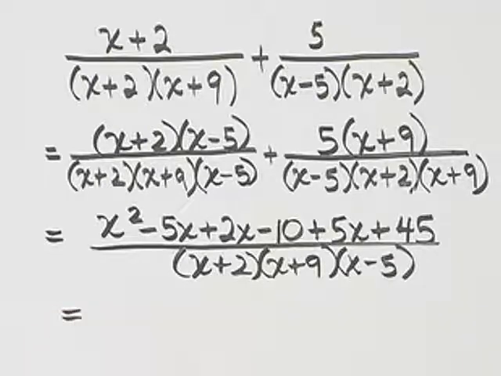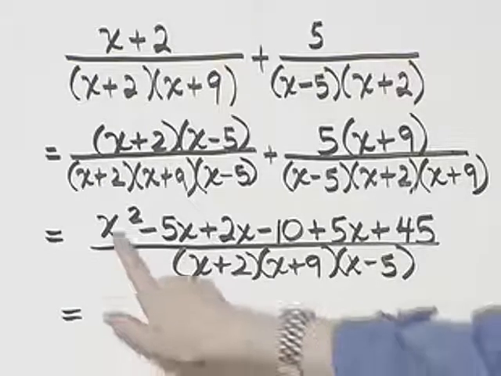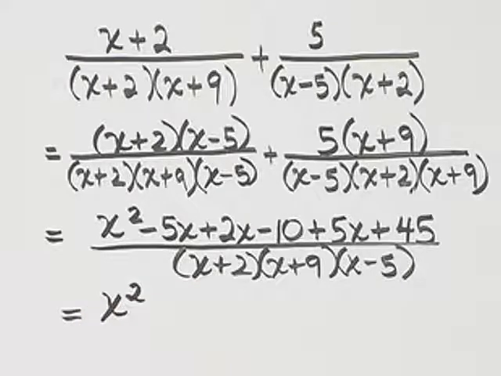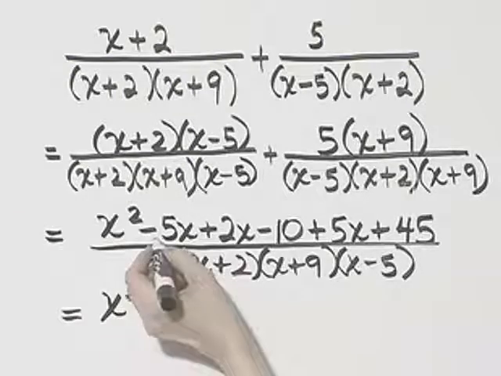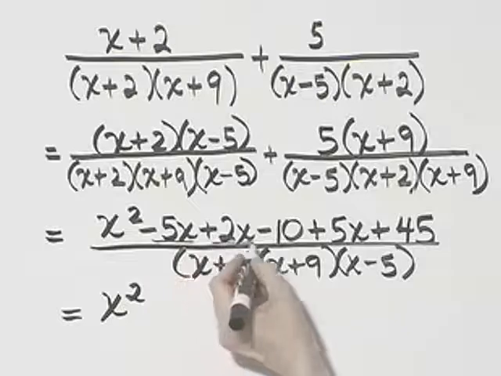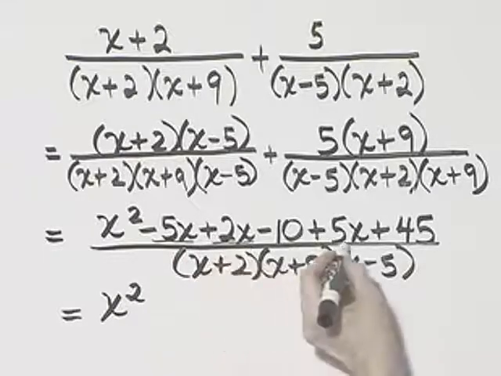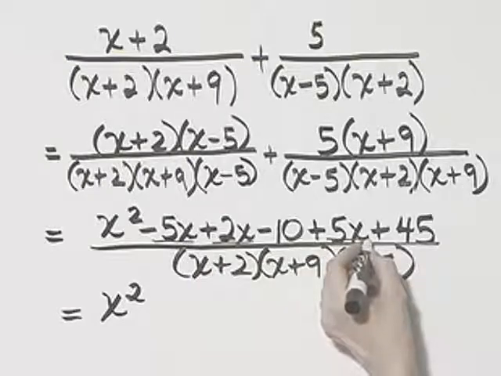Let's go ahead and simplify in the numerator. Let's see, I have x squared. I'm combining any like terms, so I'm looking for like terms. There's my only x squared. There is negative 5x plus 2x, that is negative 3x, and negative 3x plus 5x, that's 2x.